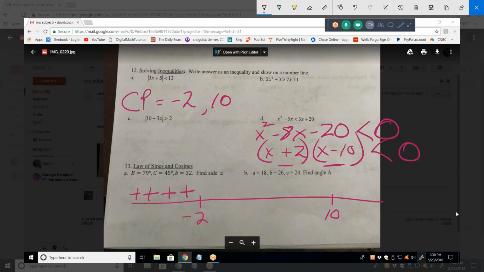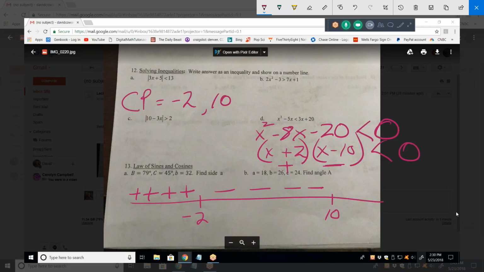Pick a number between the two numbers. 0. Term on the left? Positive. Term on the right? Negative. Combination? Negative. Pick a number greater than 10. 15.